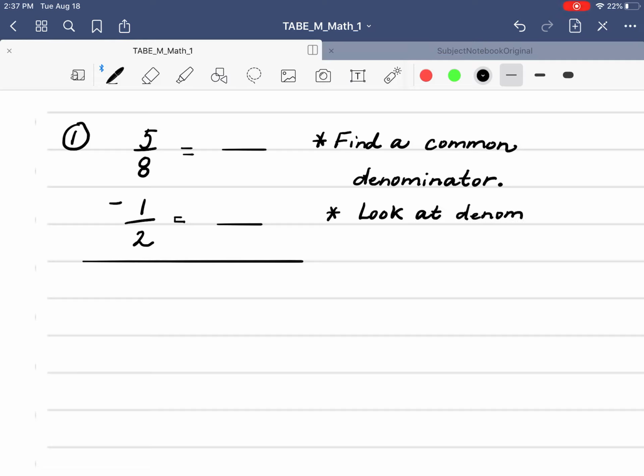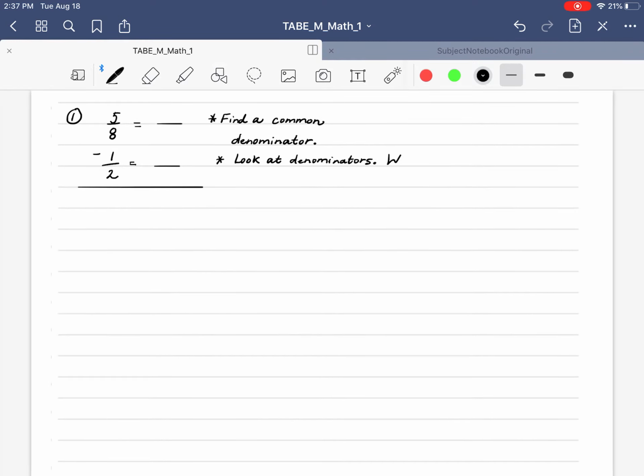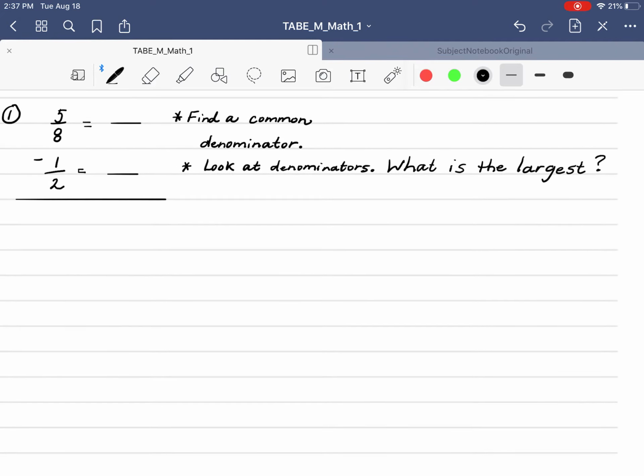So look at the denominators that you already have. You want to find the largest one. And I won't write this every time, but this is basically the steps that you have to follow.